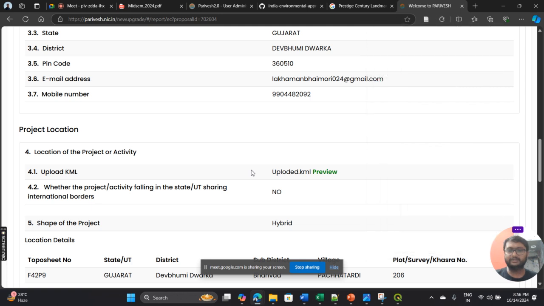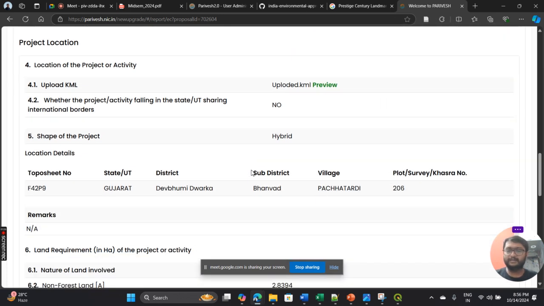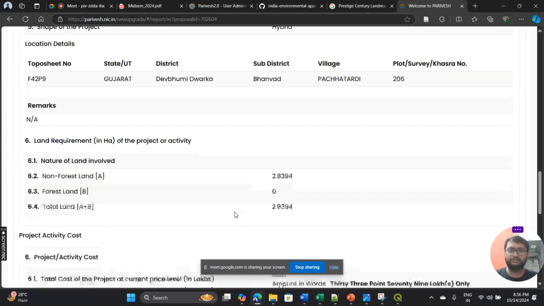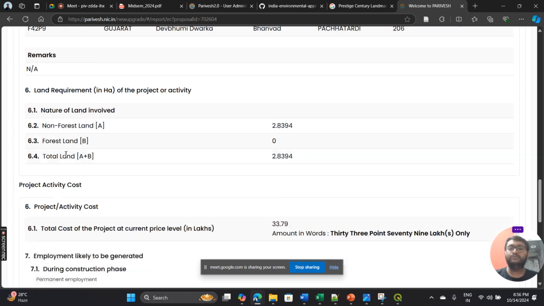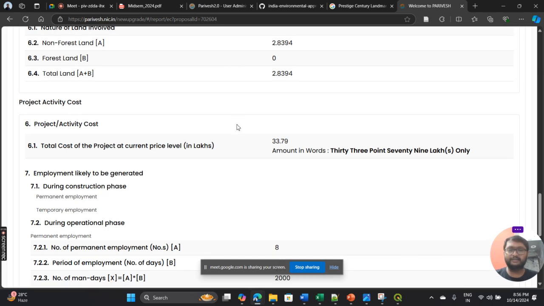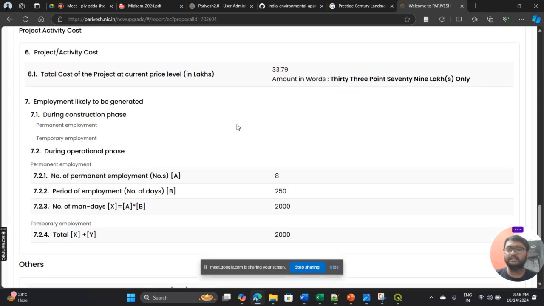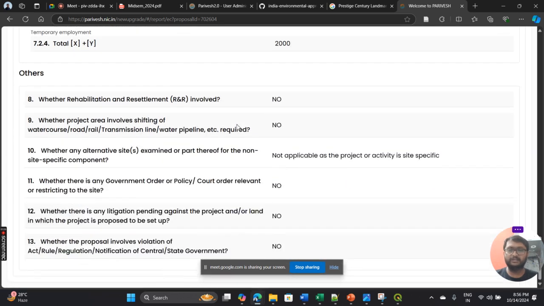They will do all those kinds of environmental analysis, and then they will consider the land requirement of the project or activity. Whether that land is natural land, non-forest land or forest land, they will calculate those numbers, and based on that they will take permissions from the corresponding authorities.